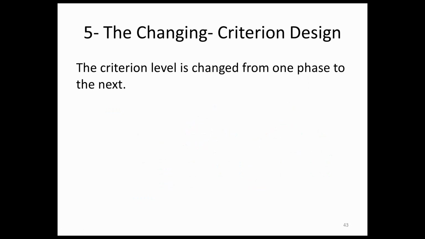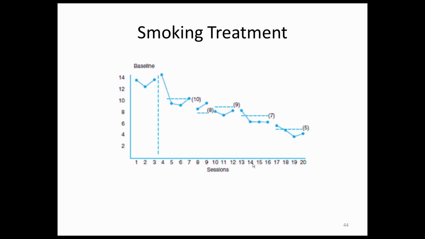Another version of the AB design is the changing criterion design. For example, if you're treating a patient who has a smoking problem, you start with your baseline, and you see the baseline is like about 12 to 14 cigarettes per day, and for the first week of your treatment your goal is 10 cigarettes per day, and you see how your treatment is working.